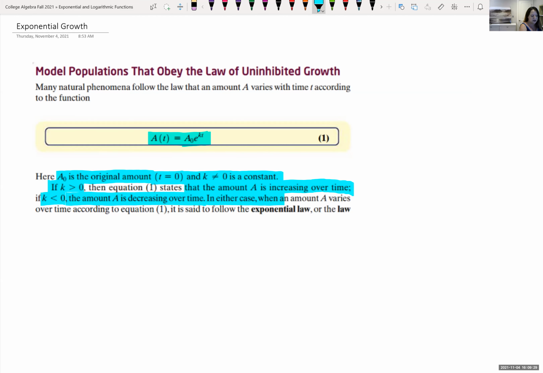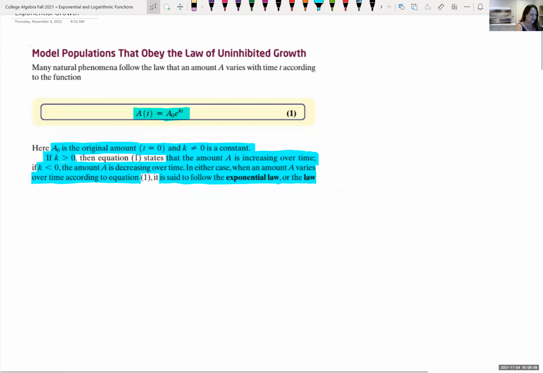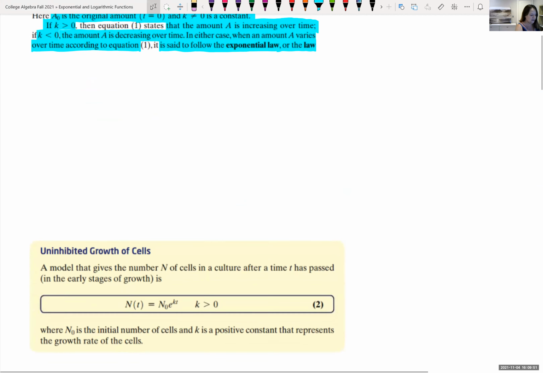In either case, when an amount A varies over time according to the equation, it's said to obey the exponential law, or the law of exponential decay.